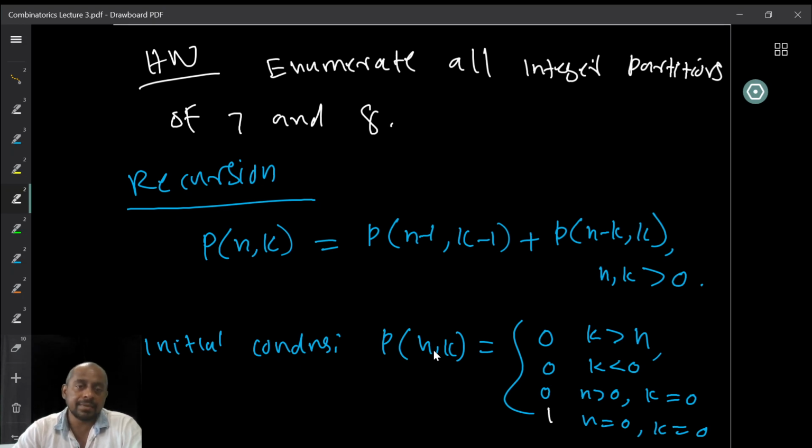Of course, its cardinality will be p(n,k). So we'll write capital P(n,k), the set, as a disjoint union of two sets, and show that they are in bijection with partitions of n minus 1 into k minus 1 parts and partitions of n minus k into k parts.